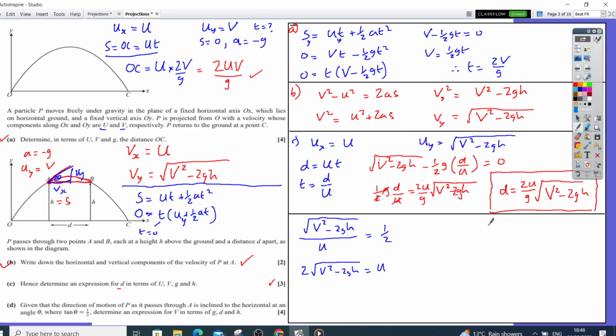So I know that u is equal to g times d, divided by 2 times the square root of v squared minus 2gh.